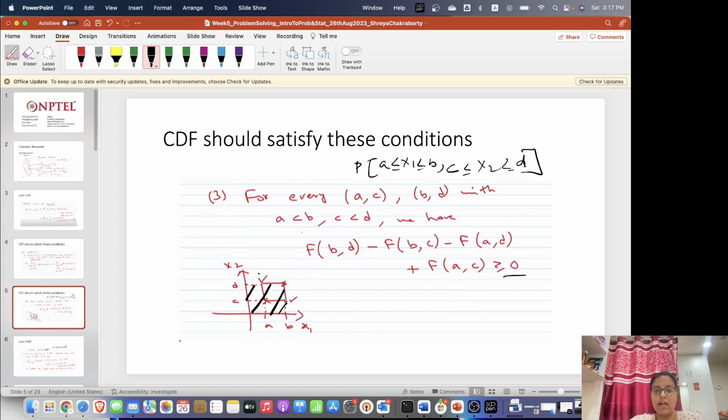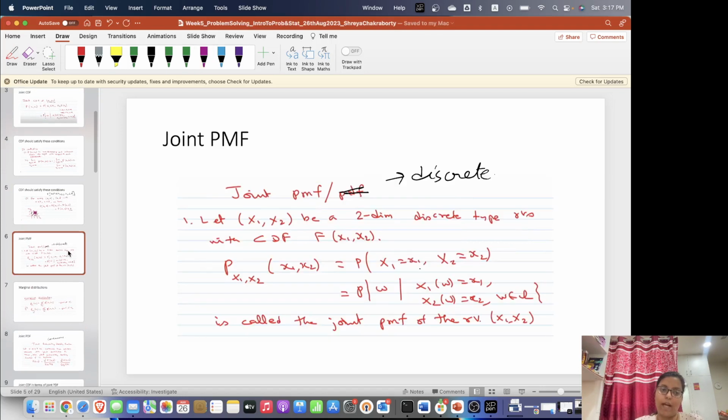So this entire area shaded in purple should be greater than 0. This is a very important condition that we should keep in mind.